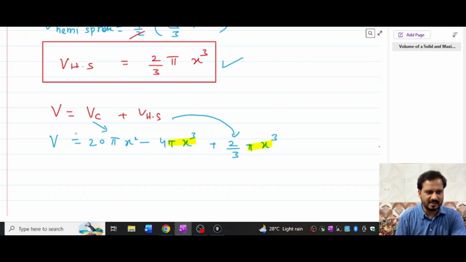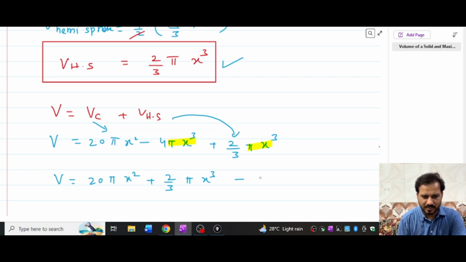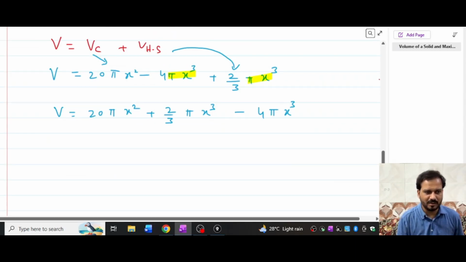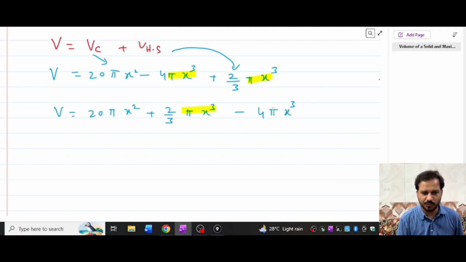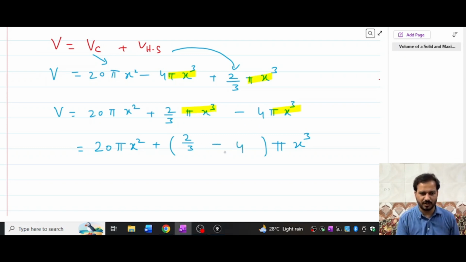First I will arrange the right hand side by writing the last term first in the middle, 2 over 3 pi x cubed, and the middle term at the end because it is negative. Now I will take pi x cubed common from the last two terms. Then it becomes 20 pi x squared plus pi x cubed times (2 over 3 minus 4).